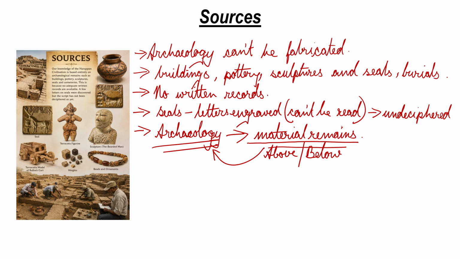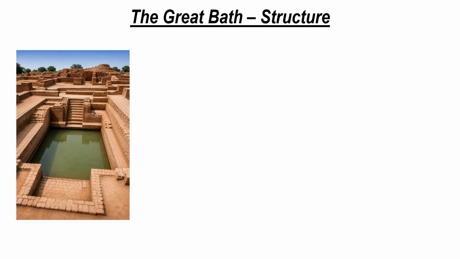Now we will go through all the important sources of archaeological information one by one. So starting with the Great Bath. So this Great Bath, as you can see in the picture, has been found from Mohenjo Daro.